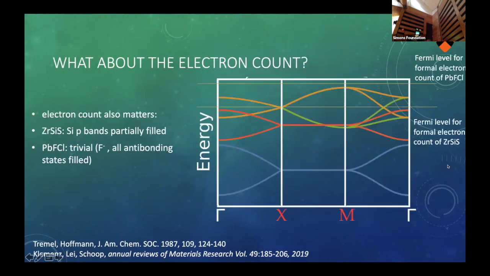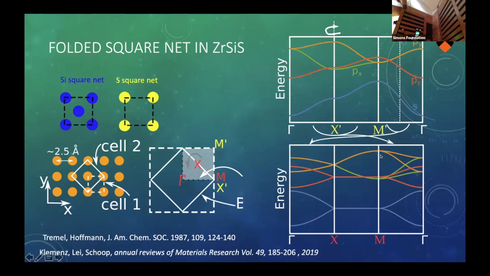The height of the pz bands and s bands here is completely arbitrarily set. That could be somewhere else. But the px and py bands have to cross the moment I fold the Brillouin zone. So now I could think all I need is 2 atoms per unit cell, because band folding seems to be the trick.